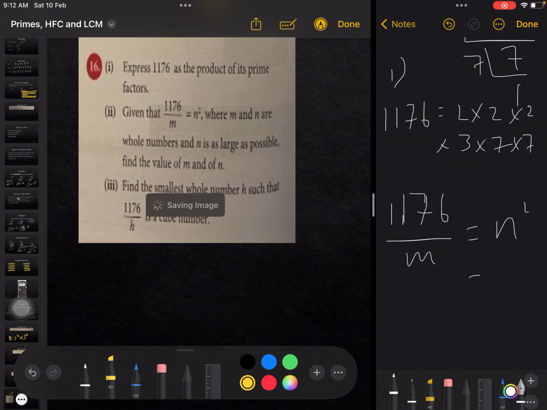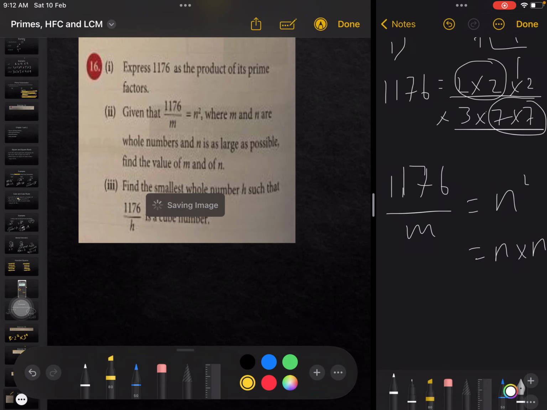This n squared is n times n, so we need to have the largest n times n. Looking at what we have here, we have one pair of 2s and another pair of 7s, and the remaining 2 and 3 have no pair, so they will be underneath.